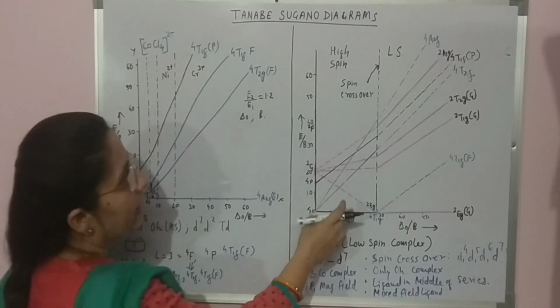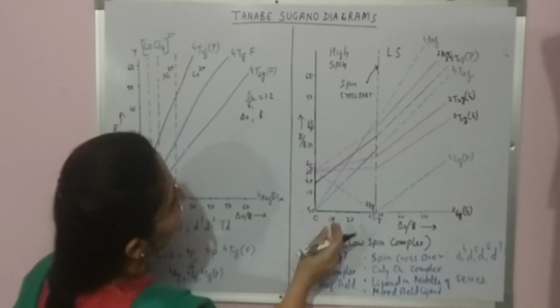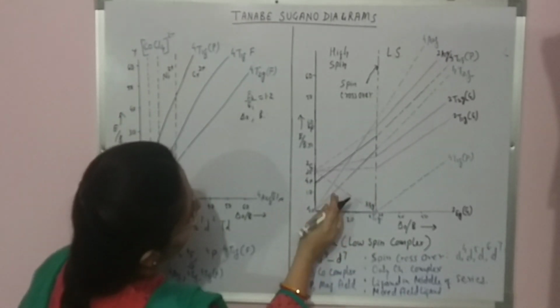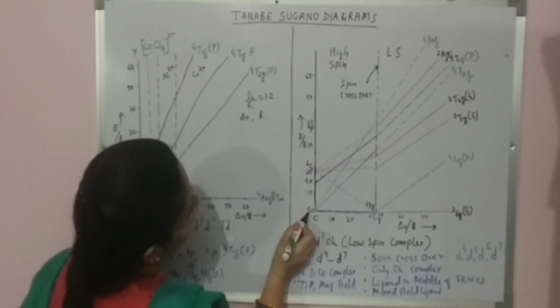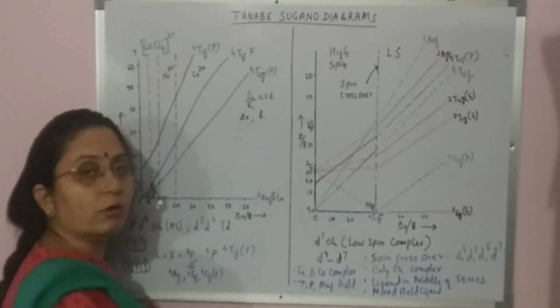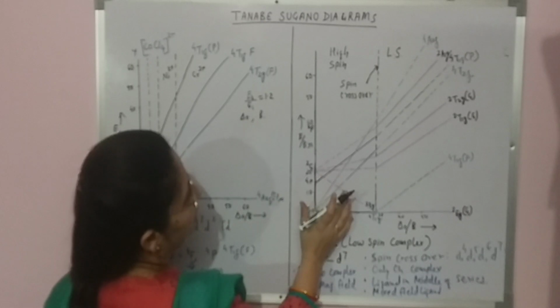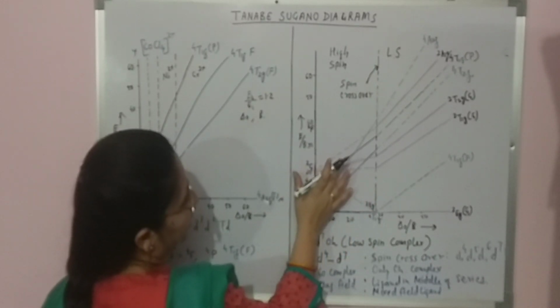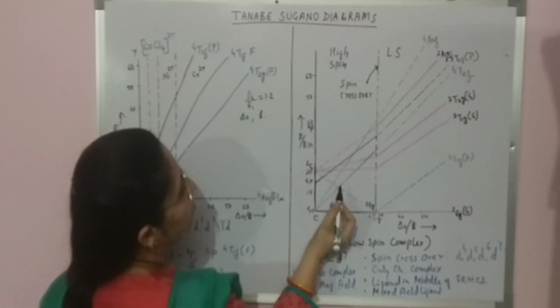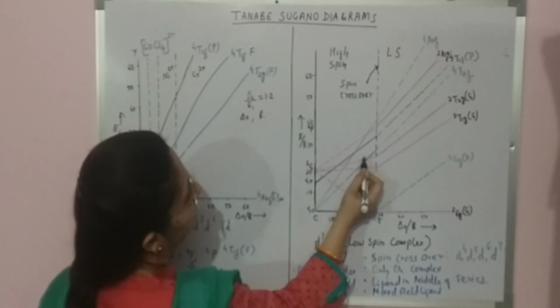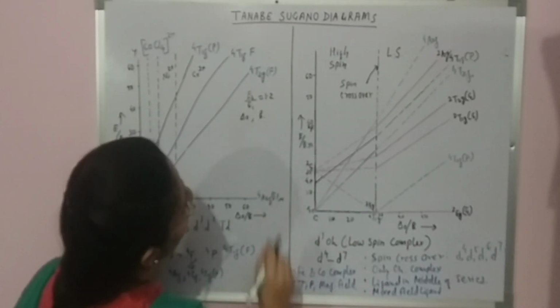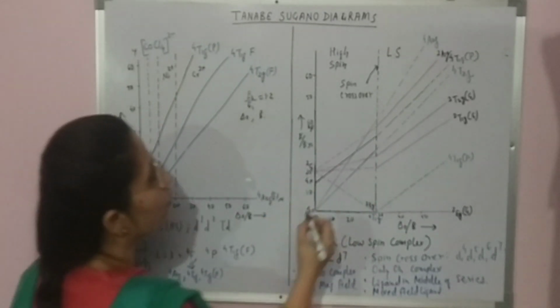So on this side when the ligand power is weak, we will see the diagram where the 4F and 4P ground states will have the major role, whereas 2G will not have a major role. It will not be considered here. So it is given by the dotted lines, whereas 4F and 4P ground state terms are shown by solid lines.